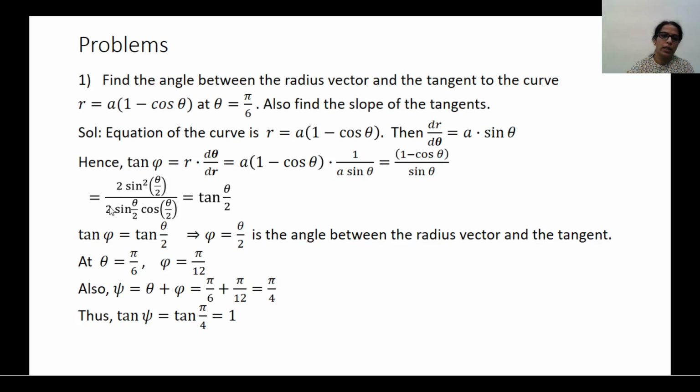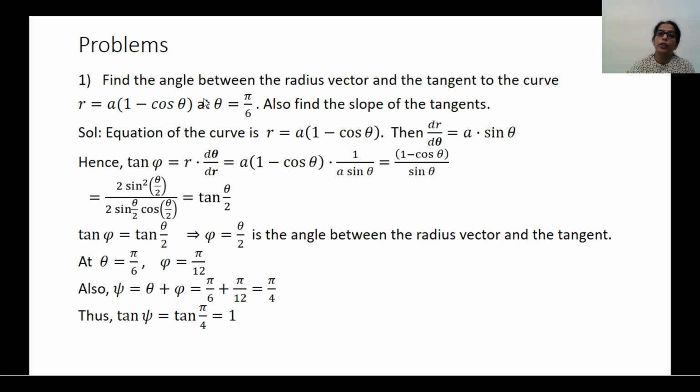So 2 gets cancelled, one sin gets cancelled. You will be left with sin theta by 2 divided by cos theta by 2, which is nothing but tan theta by 2. So you are left with tan phi equal to tan theta by 2, which is nothing but phi equal to theta by 2. This is the angle between the radius vector and the tangent.